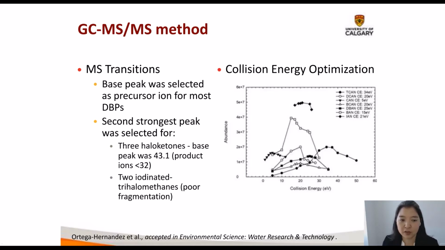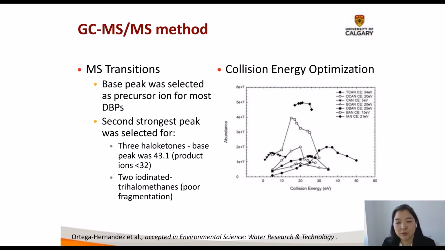Then after we chose the MS transitions, we continued to do a collision energy optimization. First, we started with haloacetonitriles. They were manually optimized by incrementing the collision energy applied to each precursor ion. The collision energy was optimized once the maximum abundance was observed for the quantifier and qualifier transitions, as shown in this figure.